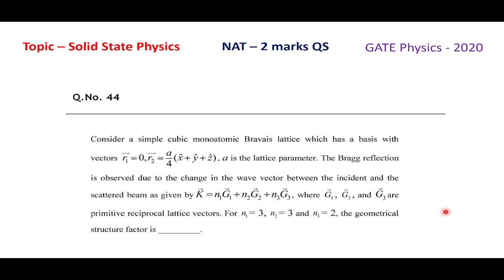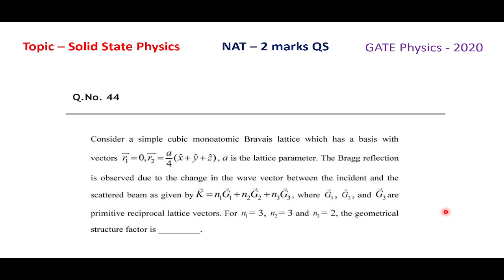What portion of the incident rays will be scattered is given by this geometrical structure factor. So what ratio will be scattered from the scatterers of this crystal? That's the thing. You know the formula for the geometrical structure factor.